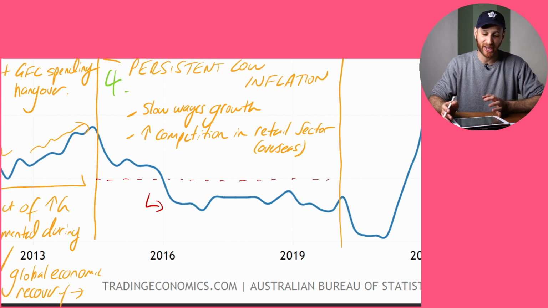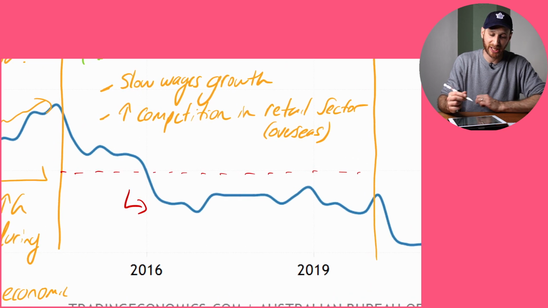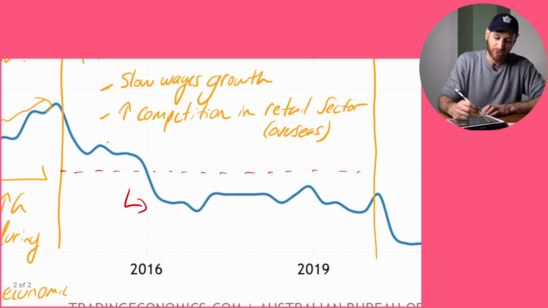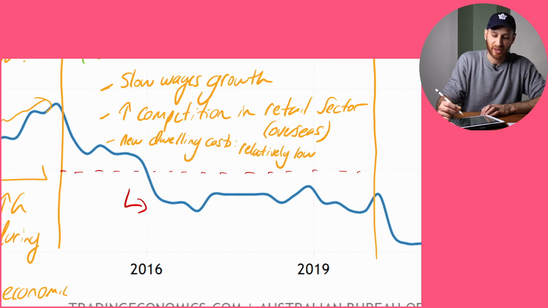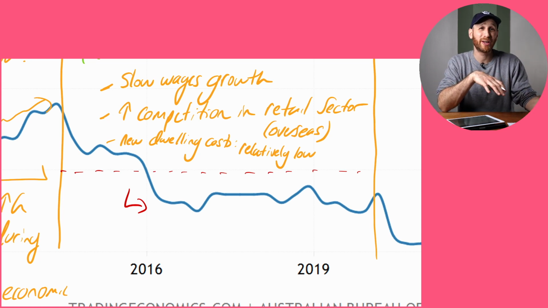So that's something that's taking place at this period of time. The other thing we can talk about here is that new dwelling costs, like new house building costs, are relatively low. And that was after higher costs during the mining boom periods, when there was a lot of demand for construction activity.